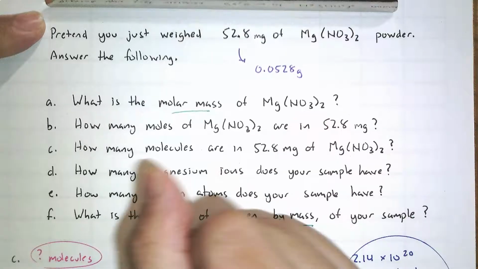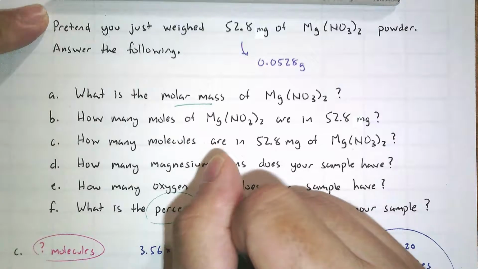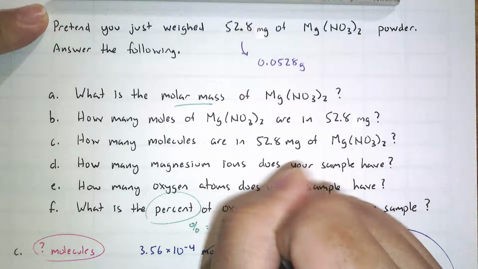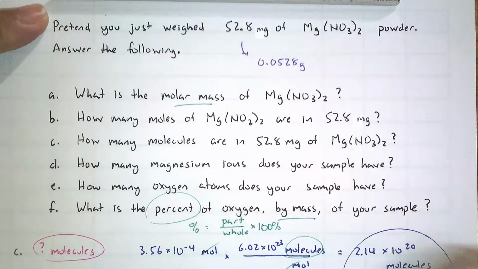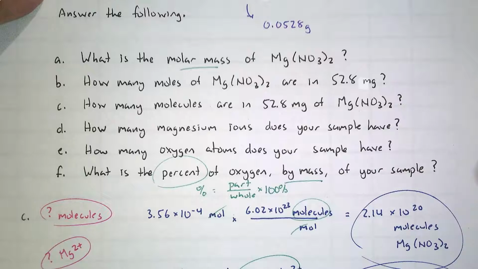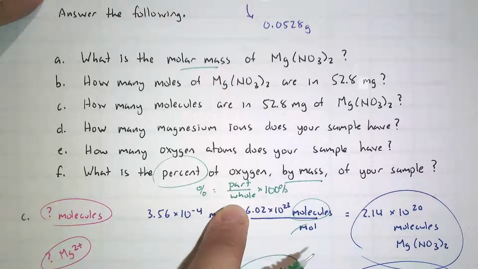The thing is, we do have the molar mass of MgNO3. If I'm looking for a percent, that is part over whole times 100%. For instance, if you shoot 85% free throws, that's 85 made out of 100.